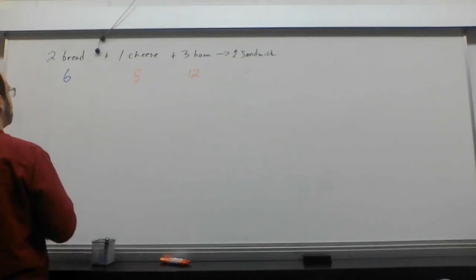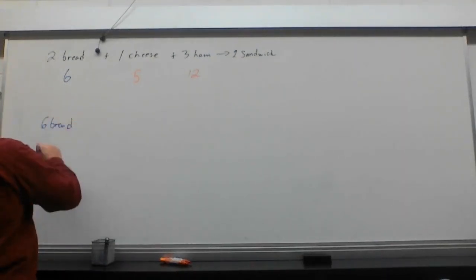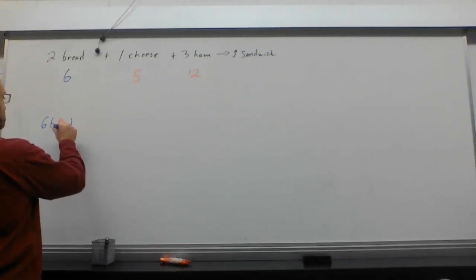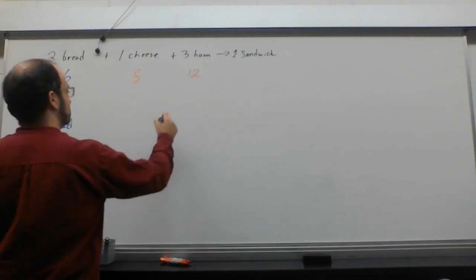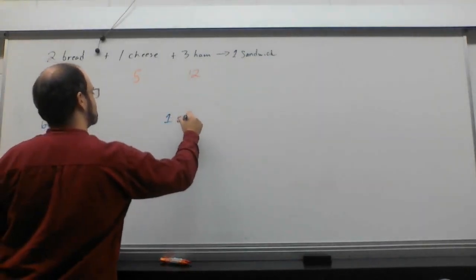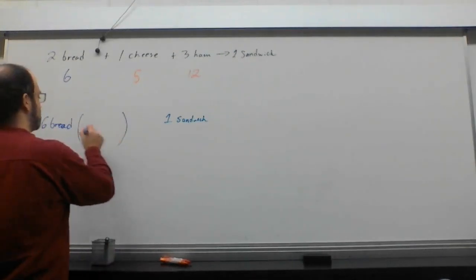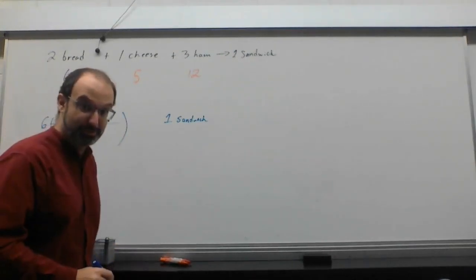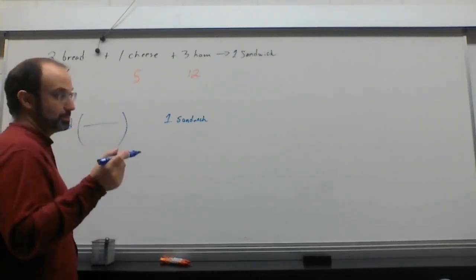So, for example, I have 6 bread. I want to make 1 sandwich. Conversion matrix. See, look, I can use a conversion matrix for anything, including making sandwiches. Admittedly, these are chemistry sandwiches, so that makes sense.